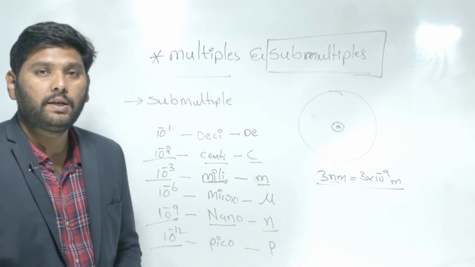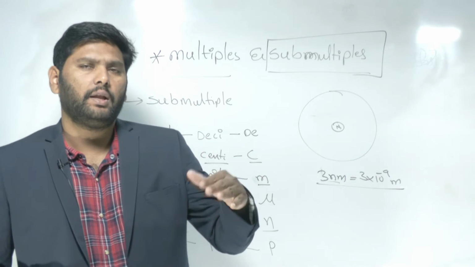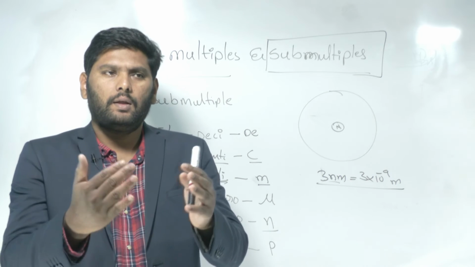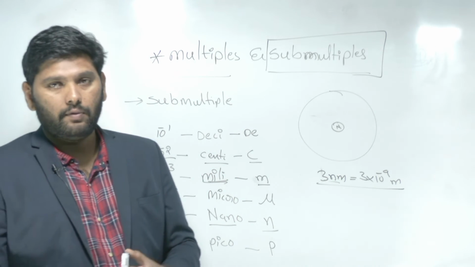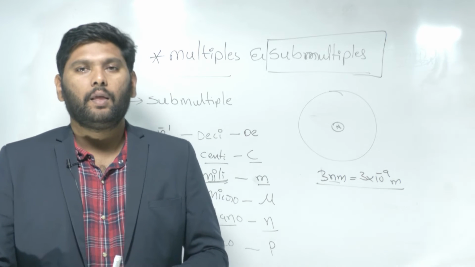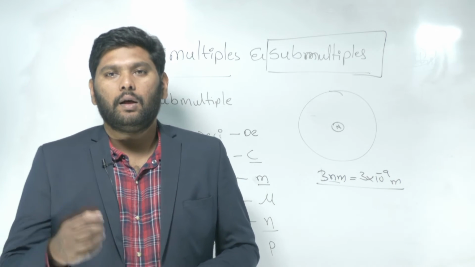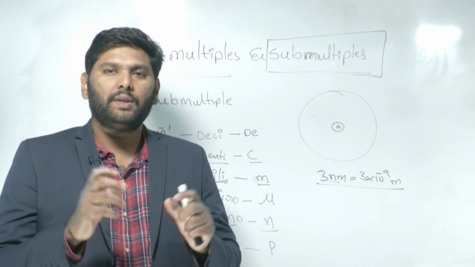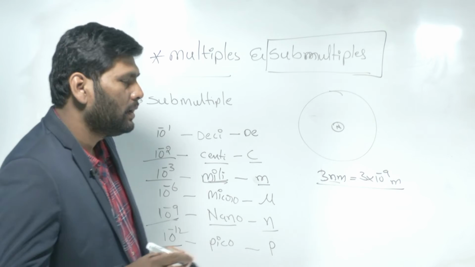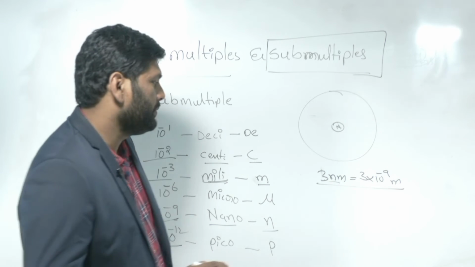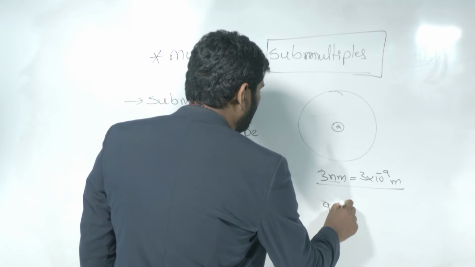Another way we also express it: you have blood cells, right? If you observe the blood report of anyone, they mention the sizes of the tissues or the sizes of something after diagnosis in mu. For example, our blood cell size I am representing as 4 micrometer.